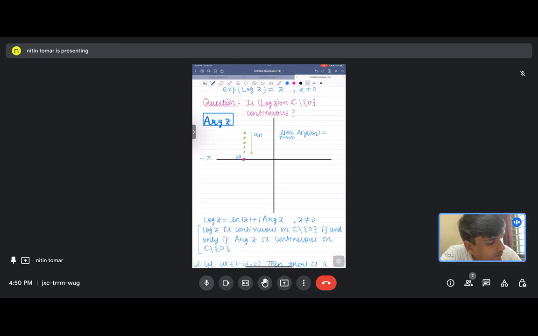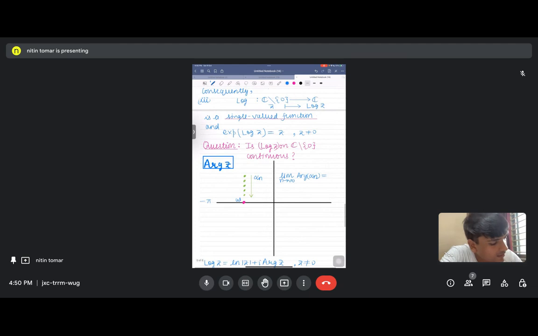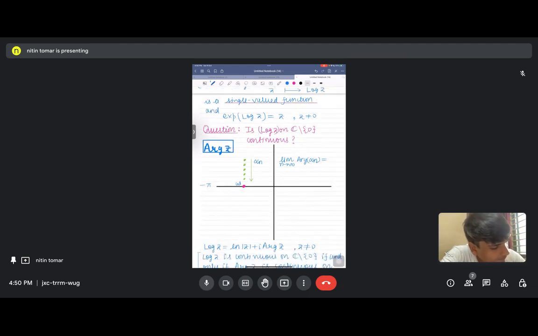Okay, you tell me what is this angle? Darshana, what I want to say is it will be pi minus something, right? Shouldn't this limit be pi? This is what I want to say.